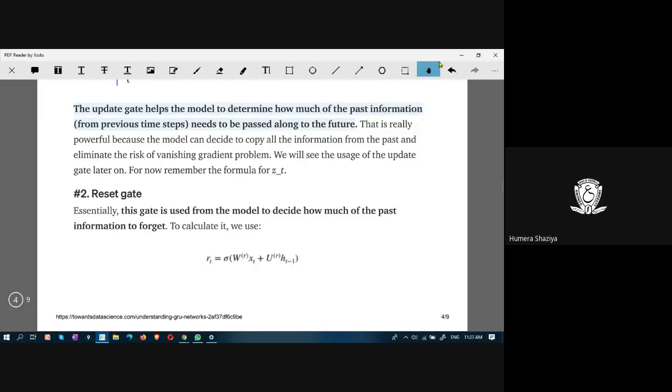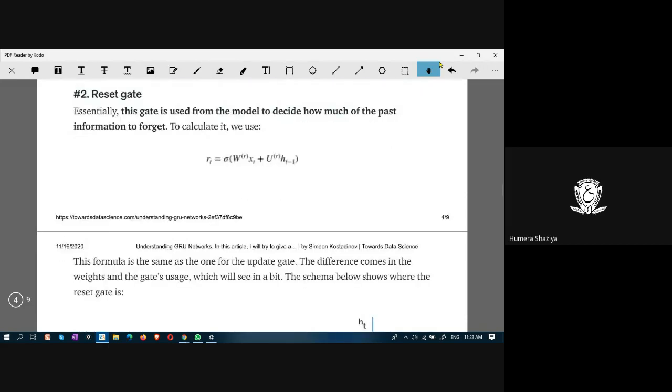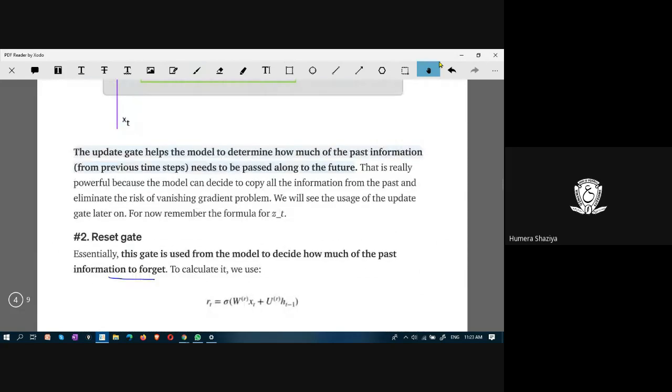Please remember this point. Reset gate is used to decide how much of the past information to forget. Update is to remember how much of the information is to be forwarded to the future.